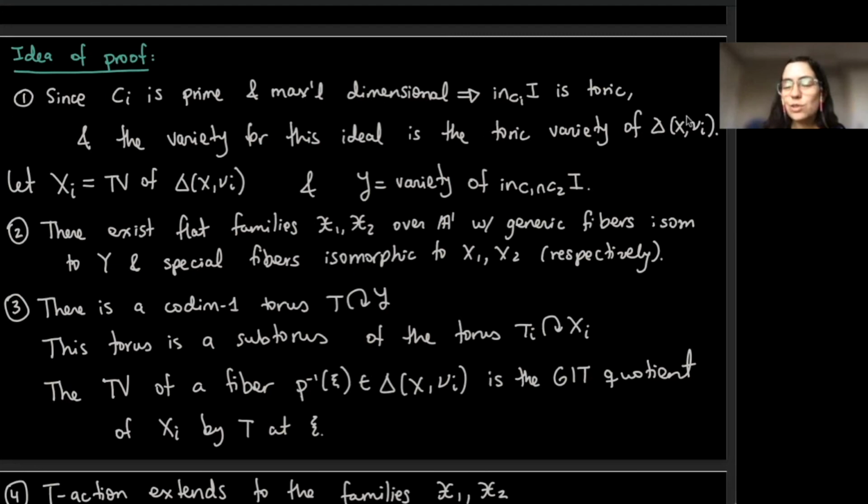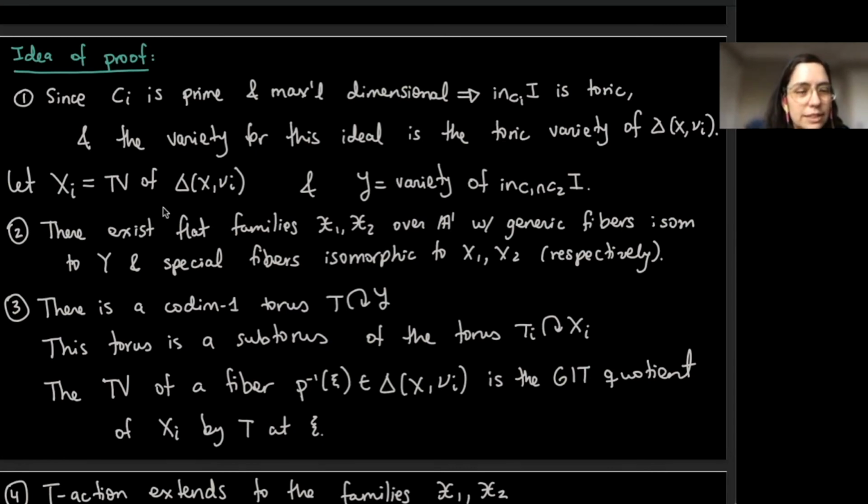Because this Newton-Okounkov polytope is the convex hull of the columns of that matrix. Tropical geometers know that whenever you have a prime and maximal dimensional ideal, the initial ideal corresponding to that cone is the toric variety of the polytope constructed from the columns of the matrix.